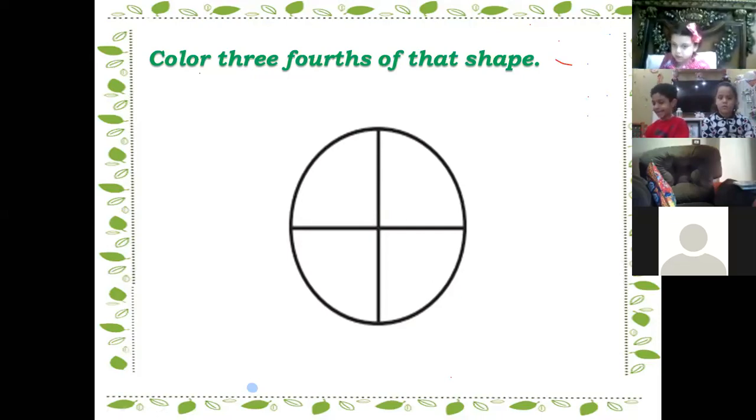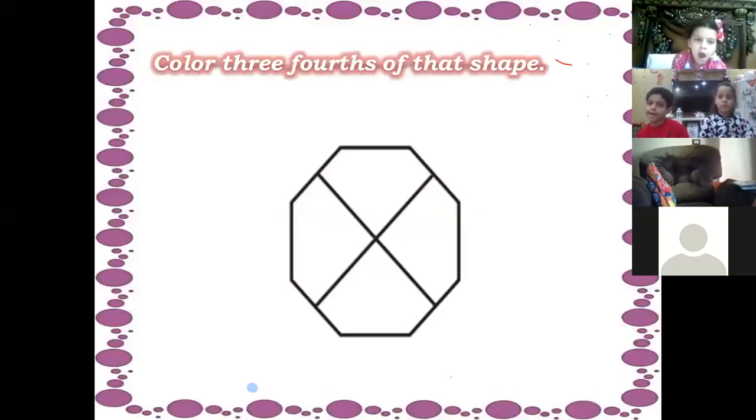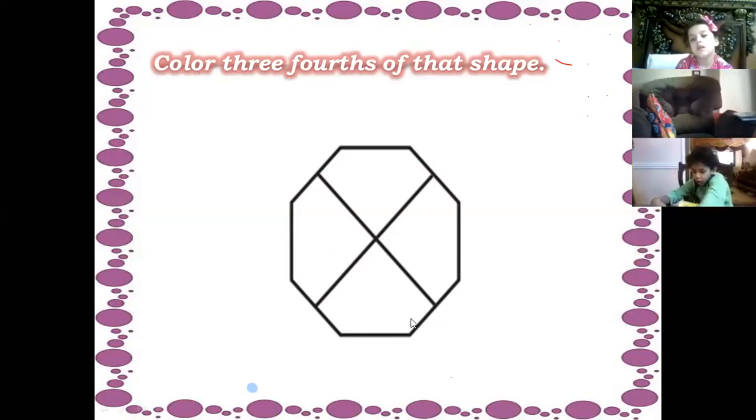You will color 1, 2, 3 parts of that shape. Right now we color 3/4. Farida, color 3/4 of that shape. It means you will color how many parts of the 4 parts? Farida?